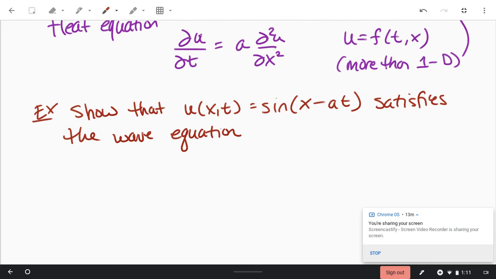Okay, and again, your wave equation is d squared u over dt squared equals a squared d squared u over dx squared.